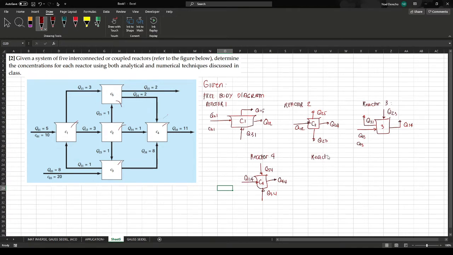Reactor 5, lastly, we have going out Q55, going out Q54, going in Q25, then going in Q15.